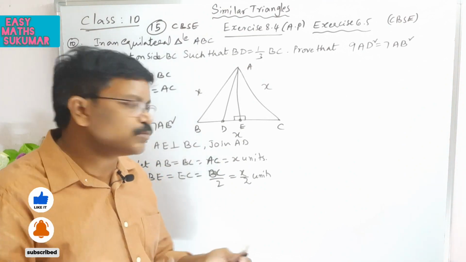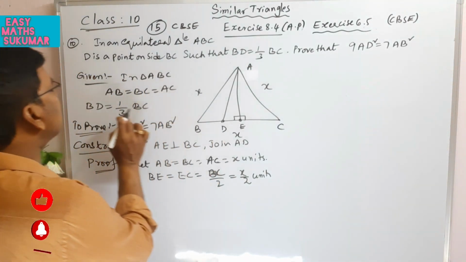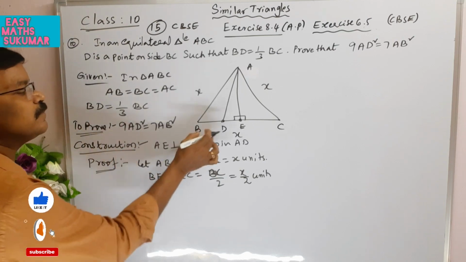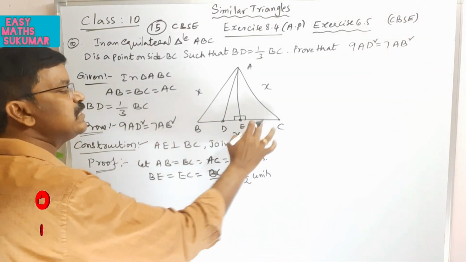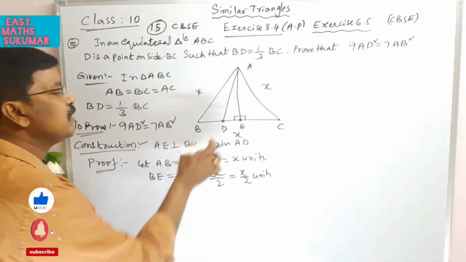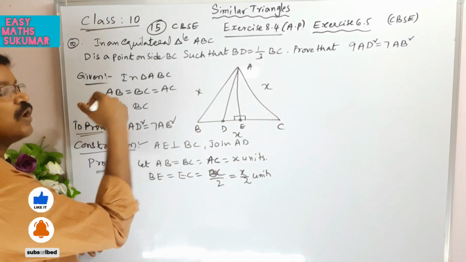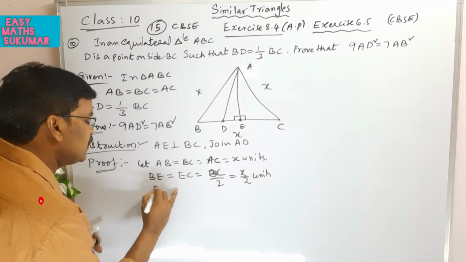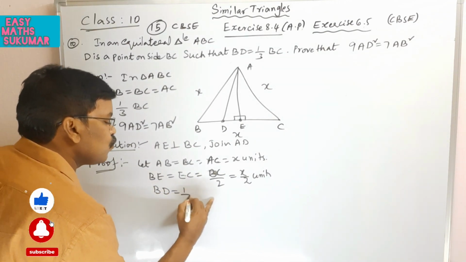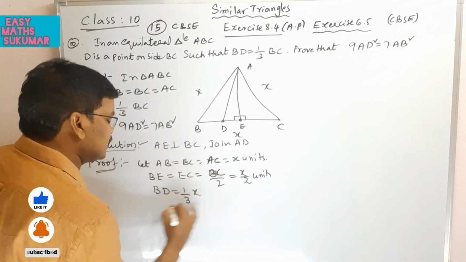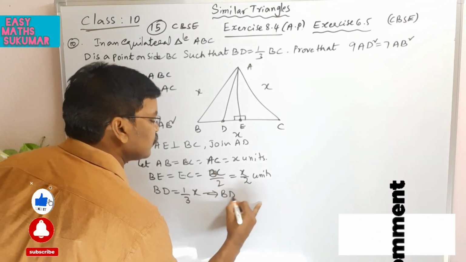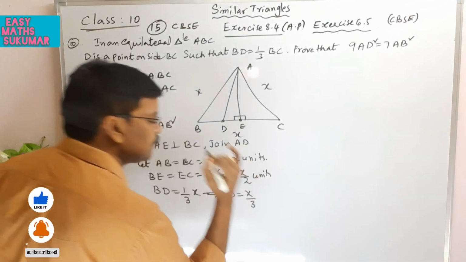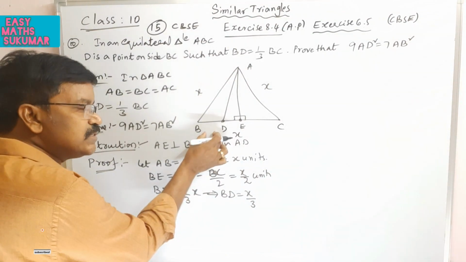Okay. But in the given, BE is x by 2 and BC is small x. What about BD? BD is 1/3 of BC. That means BD is equal to 1/3 of small x. Therefore, BD is equal to x by 3. This BD is x by 3.